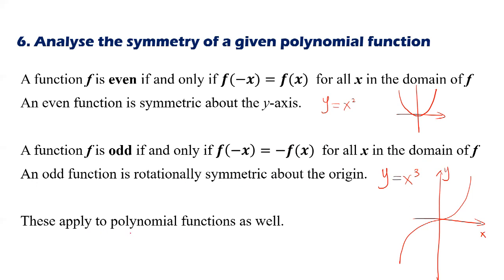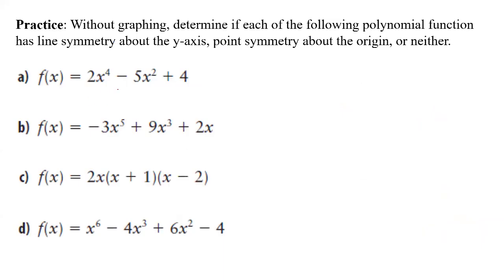Okay, this applies to polynomial functions as well. So let's do some practice. Without graphing, determine if each of the following polynomial functions has line symmetry about the y-axis, point symmetry about the origin, or neither. Okay, I'll give you 1 minute to think about this question.